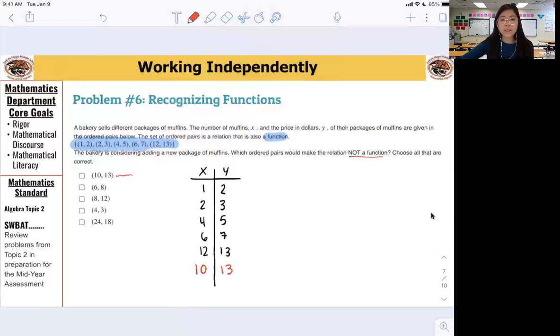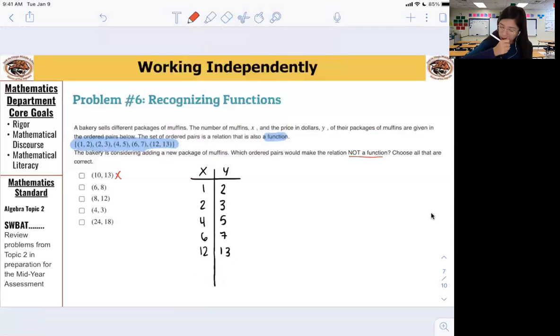If I added that to the list, would there be any repeating x values? No. All of those are still unique. There's no repetition. So this one would not be an answer choice, because we're looking for the ones that would make it not a function. (10, 13) would still make it a function, so that's not what we're looking for.